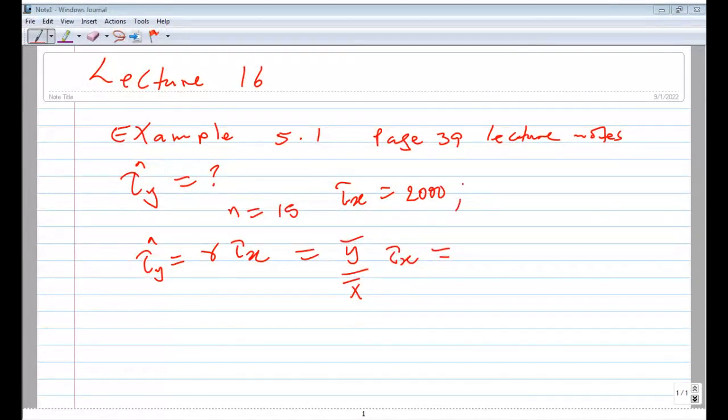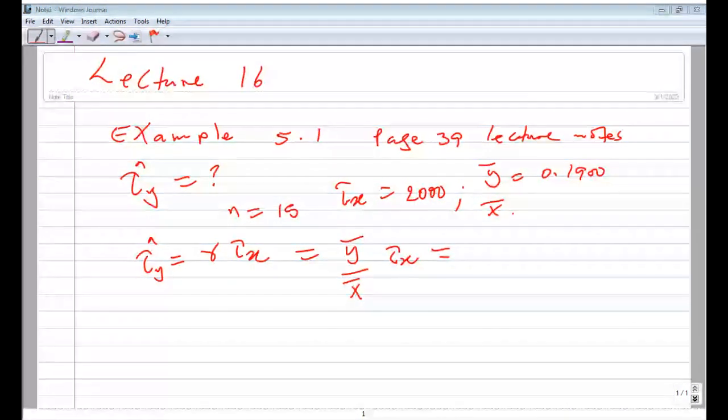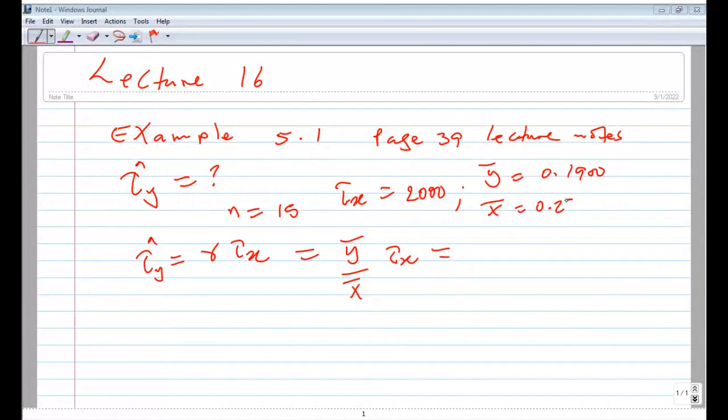Let me just add it here. Our y bar, which is the mean of apple juice, is 0.19. Okay, this is 0.1900 according to that table, and the mean of the weight of an apple is 0.2880.